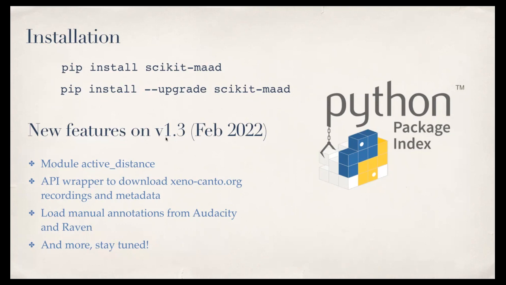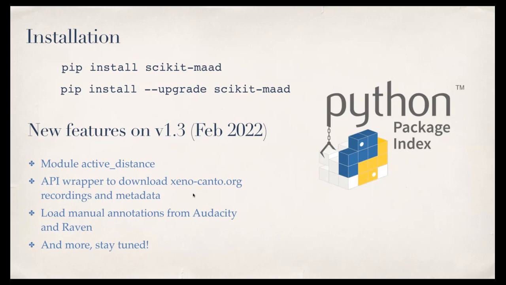And we're working right now on a new version, version 1.3, which will be released next month, where we will add this active distance module. We will also have a wrapper to download files from Xeno-canto.